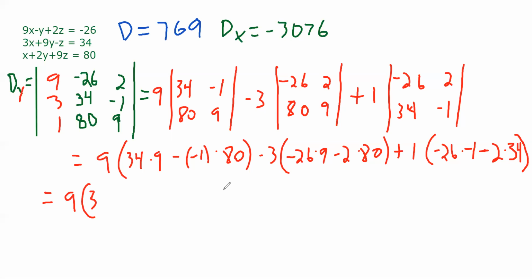All right. So that's going to be 34 times 9 is 306. Then it's minus negative 1 times 80, so it's going to be plus 1 times 80, or just 80. And then that's minus 3 times.